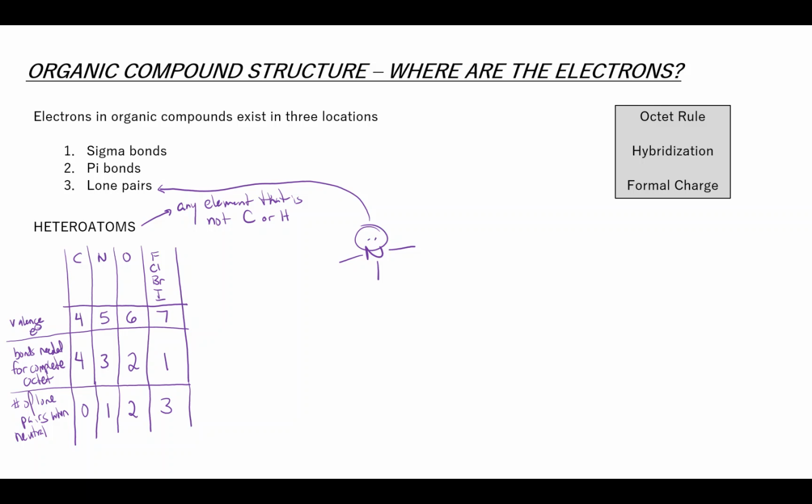And so once again, as the number of valence electrons increases, the number of lone pairs also increases when the compound is neutral. So if we have any kind of neutral halogen, like bromine, for example, that's going to have 1 bond to connect it to the rest of our structure, and then 3 lone pairs on it that we're always going to assume are present when it's neutral.